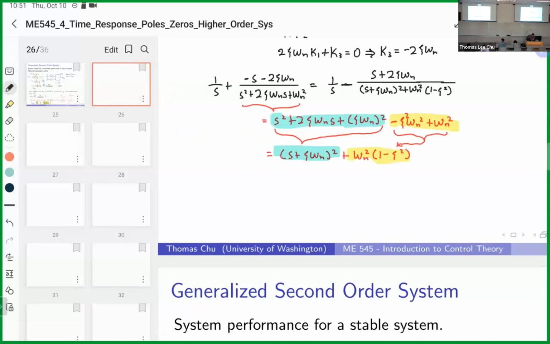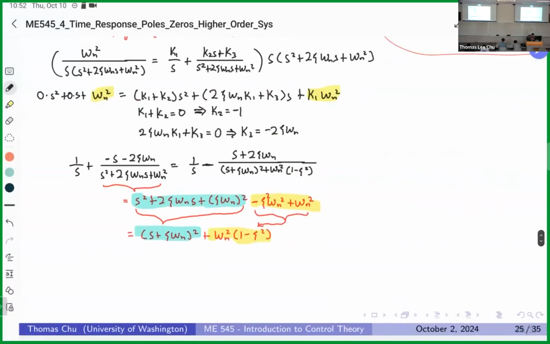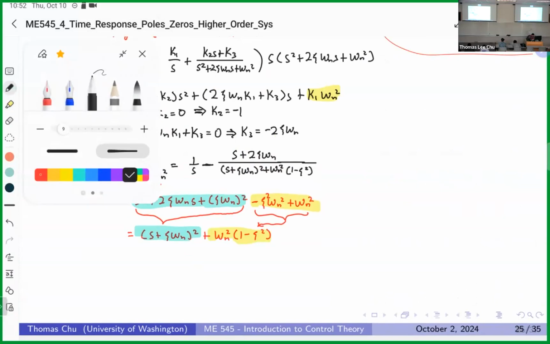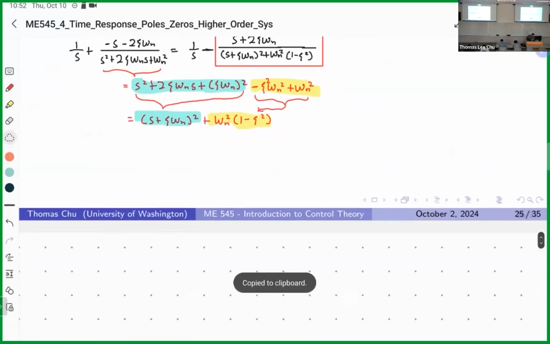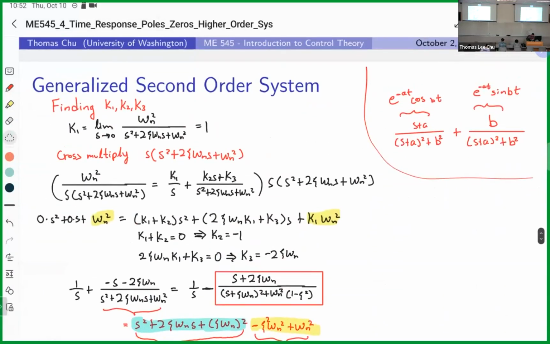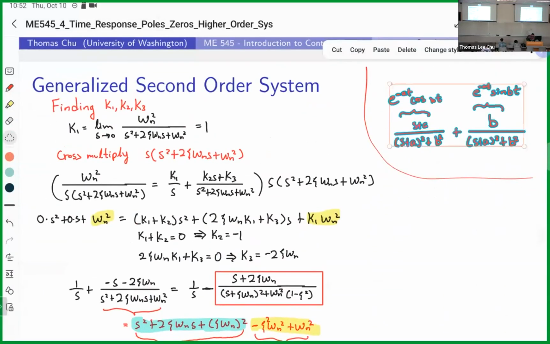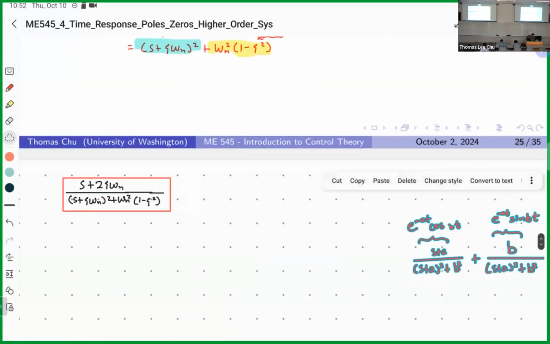Unfortunately, I'm going to add another page. So now we're going to take a look at just this term only, because we're still not done yet. I'm going to pull this down here, make another copy. This is what we're trying to achieve.